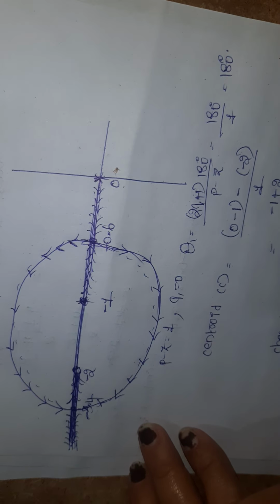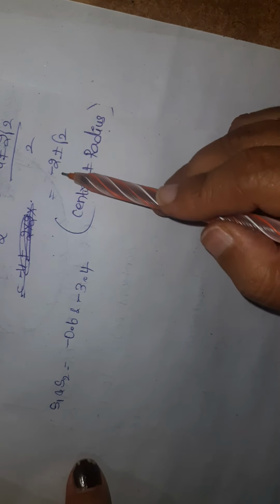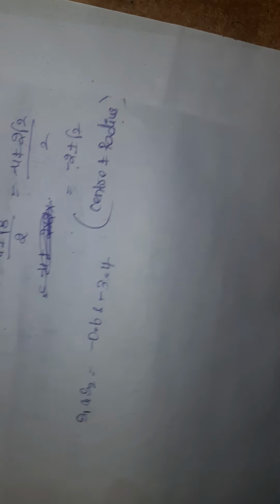Here I have written center plus radius. Minus 2 is the center, and root 2 is the radius of the circle.